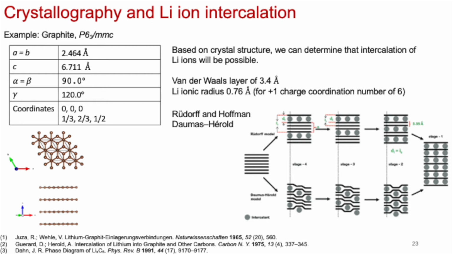So you can have stage 4. That tells you how many layers are between the ions. So here you see 1, 2, 3, 4, to go from this layer to this layer. So there's stage 4, stage 3, stage 2. So this mechanism is known as staging.